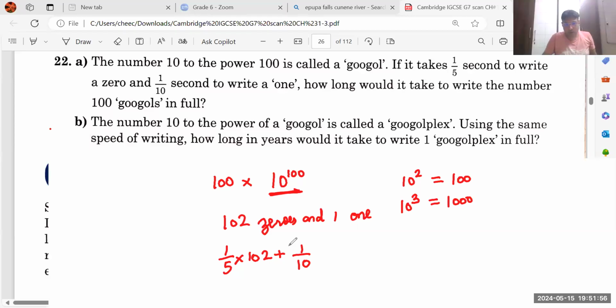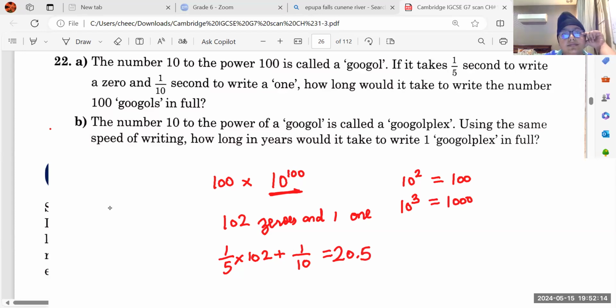So we'll get 20.5 seconds to write these many Googles, correct? Yes, sir. Sir, why don't we count the 0 in 10?